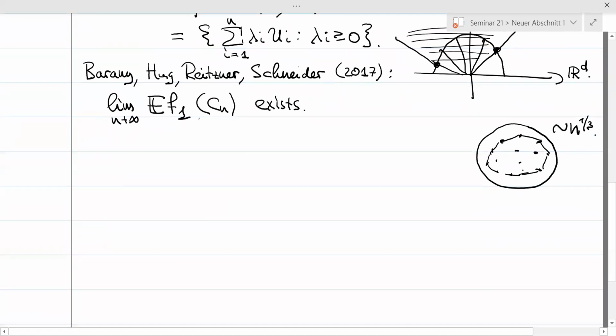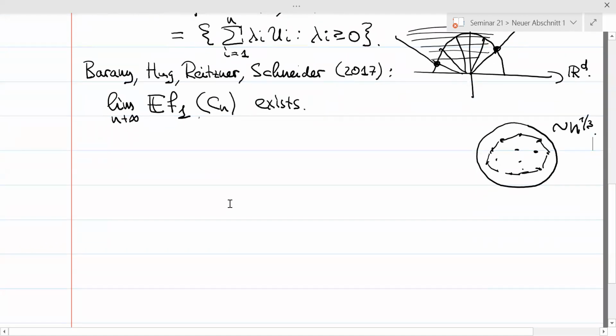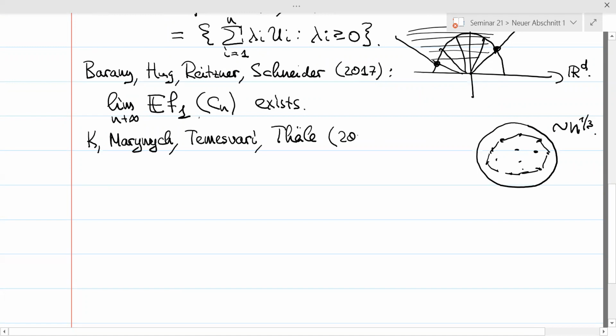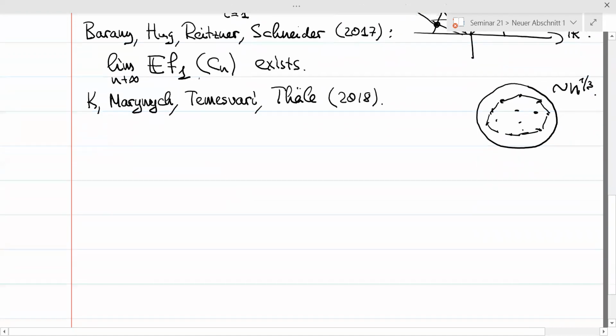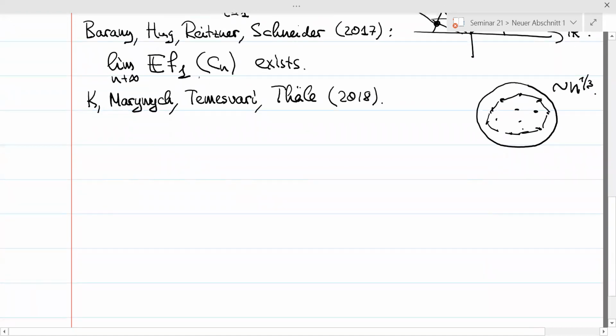And of course, one wants to explain this, and in a joint work with Alexander Marinic, Daniel Temesvari, and Christoph Thiele, we proved that the same holds for the number of faces of this cone in any dimension.